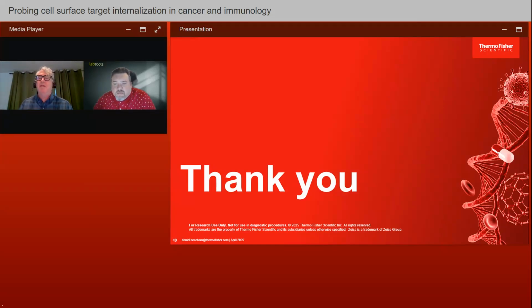But the internalization I was speaking to throughout this talk, the antibody receptor targeted internalization, is a now classically described membrane internalization and trafficking pathway that is part of the natural regulation of any receptor.